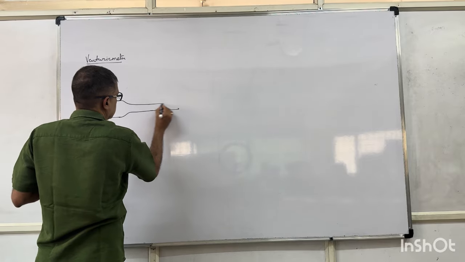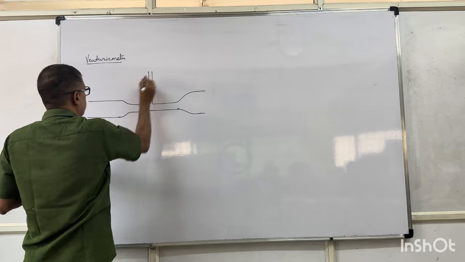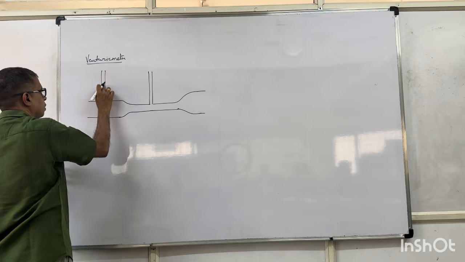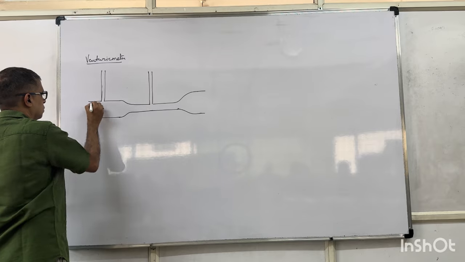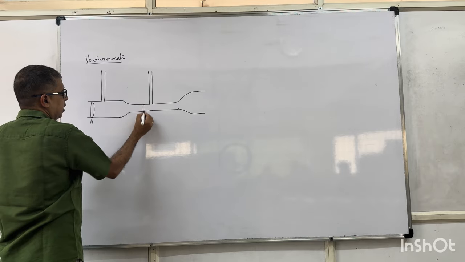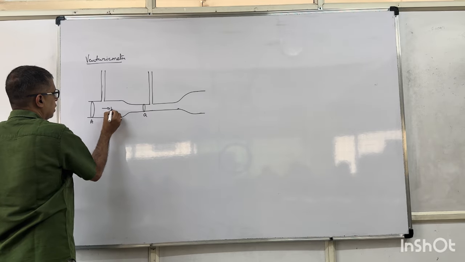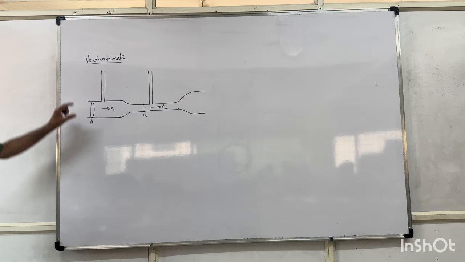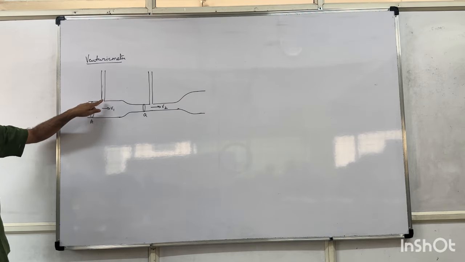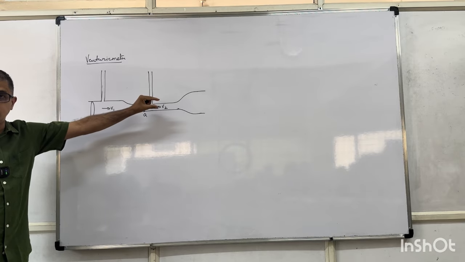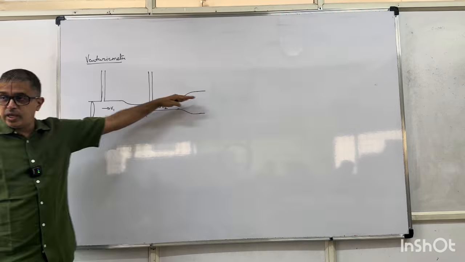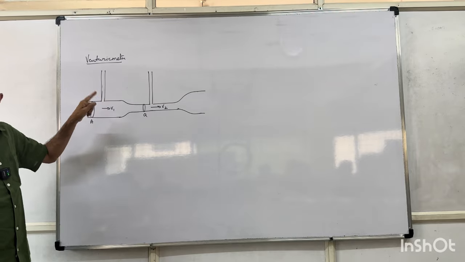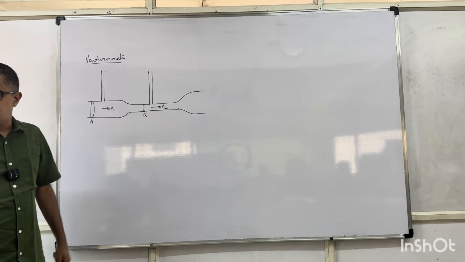Nowadays, you have sensors which will tell you the fluid flow in the tubes. This is capital A, this is small a. Here velocity is V1, here velocity is V2. Just imagine, this is static pressure, this is dynamic pressure. Fluid is flowing in this direction, right? But from this side, if I calculate the pressure, it will be static pressure.